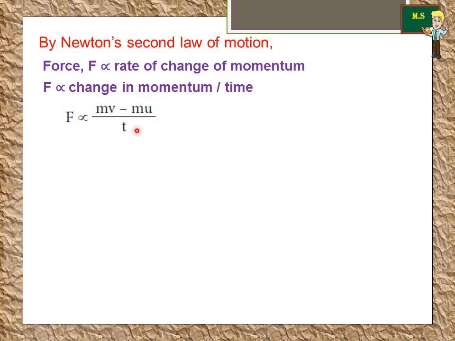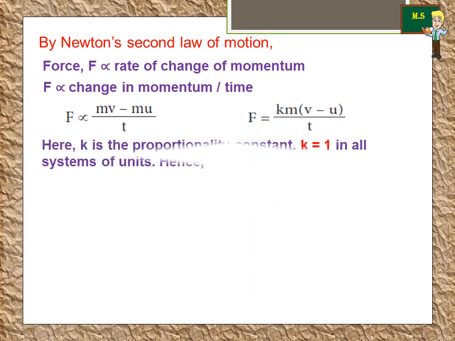See, if we have anything directly proportional, then we have to add some constant to make it an equation. Now we add k as a constant, and what is that k? k is the proportionality constant, which is equal to 1, and k is equal to 1 in all systems of units.